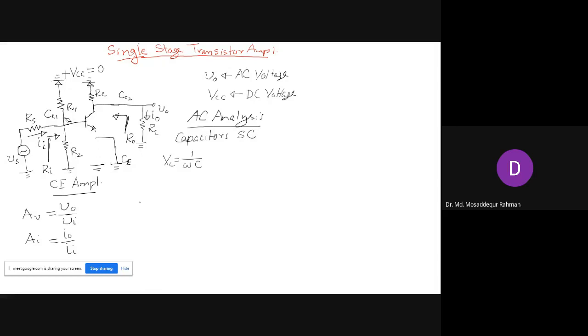That is one thing. And also here R1 and R2 become parallel. They are connected between the two common points, one is the base point, the other is the ground. So these two are in parallel. So we remove R1 from here, and you can combine this with R2.